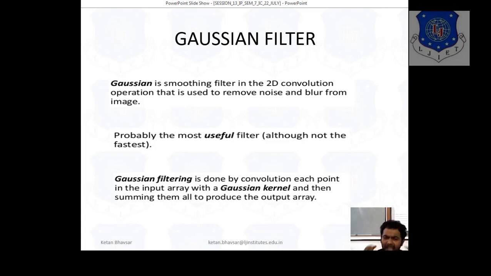It plays a main role when we are working in a real-time environment, because practically each and every filter is generally used for removing a specific type of noise, but make sure that all filters have specific limitations and characteristics.